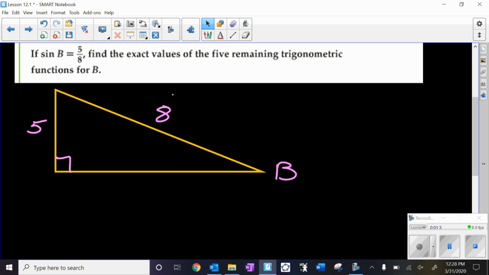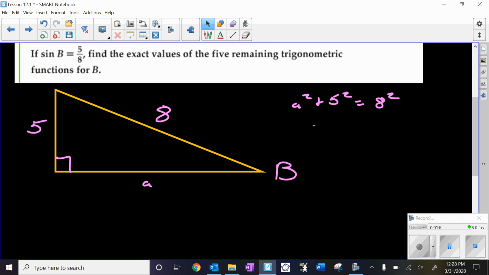I also need to figure out what is the adjacent side. So I need to find this value right here. I'm going to call it A. And we can do that by using the Pythagorean theorem. So A squared plus 5 squared equals 8 squared.